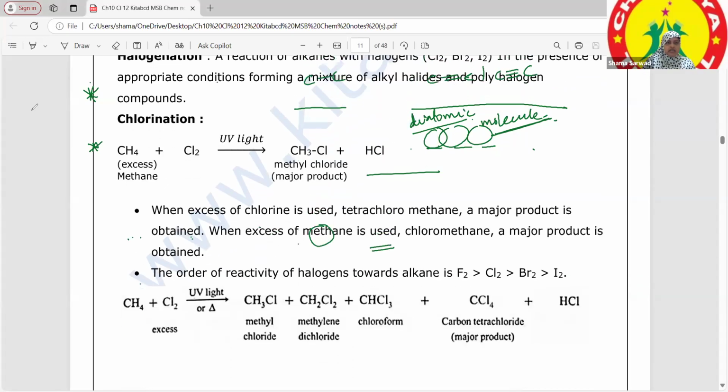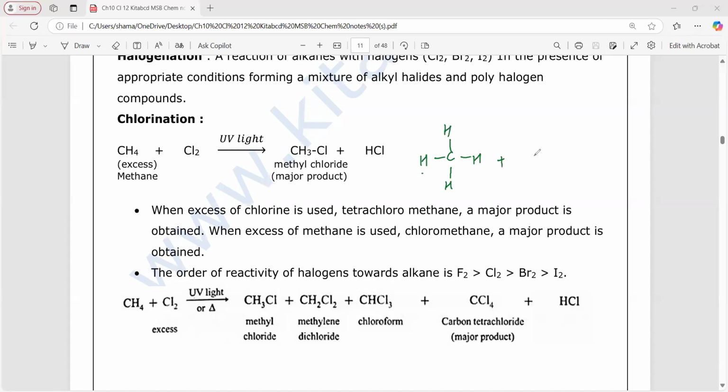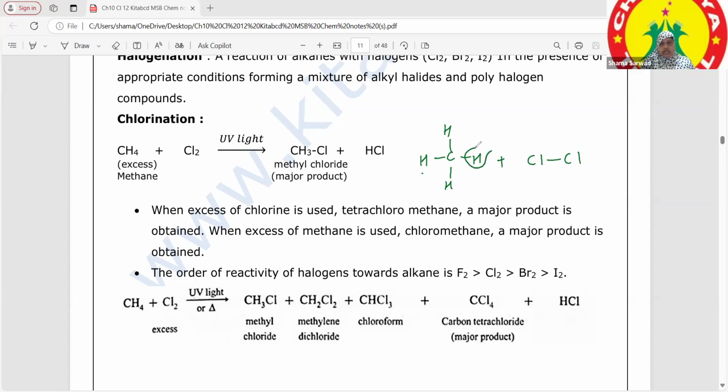That's what I told you. See, this is CH4, with H, H, H, H. Cl2 means Cl and Cl, correct? So this hydrogen and one Cl would form HCl, and the other Cl comes at the place of the hydrogen.